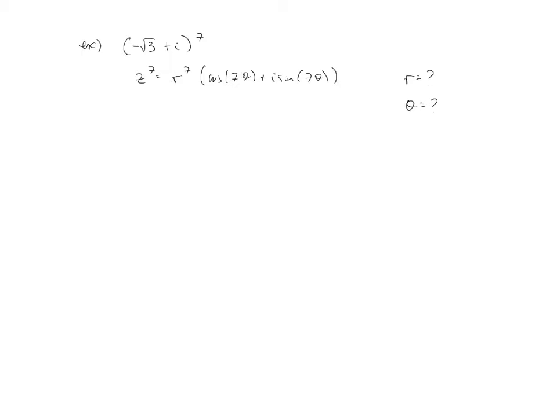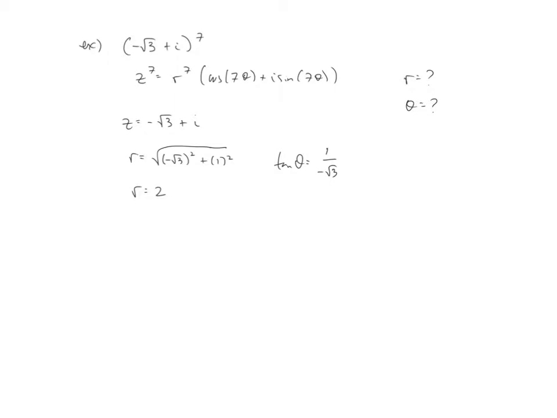And so if our z is equal to negative root 3 plus I, then the r can be found the same way it has always been found, when we take the square root of a squared plus b squared, and the r value here comes up to be 2. And for theta, we'll take tangent of theta, which equals the y, or the b in this case for a complex number, 1 over negative square root of 3.